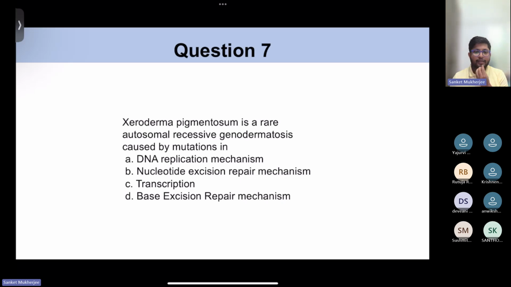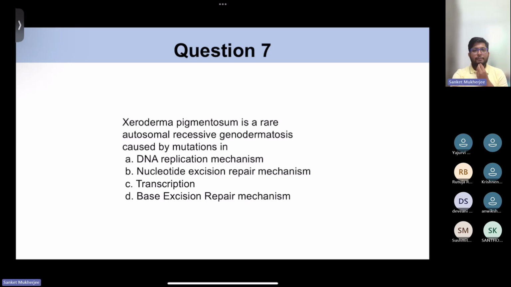Question number 7. Xeroderma pigmentosum is a rare autosomal recessive genodermatosis caused by mutation in which of the following: DNA replication, nucleotide excision repair, transcription, or base excision repair? If you have read about these, you can answer. Any answer?